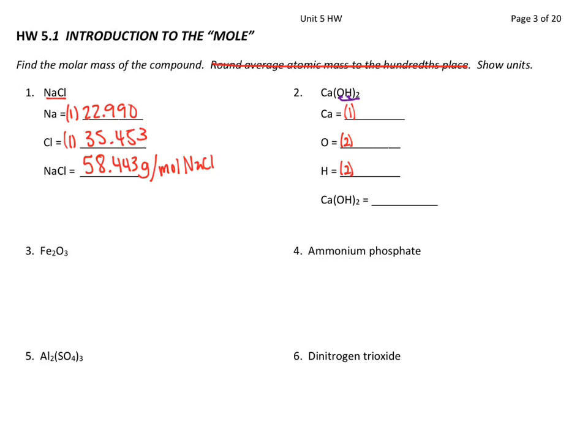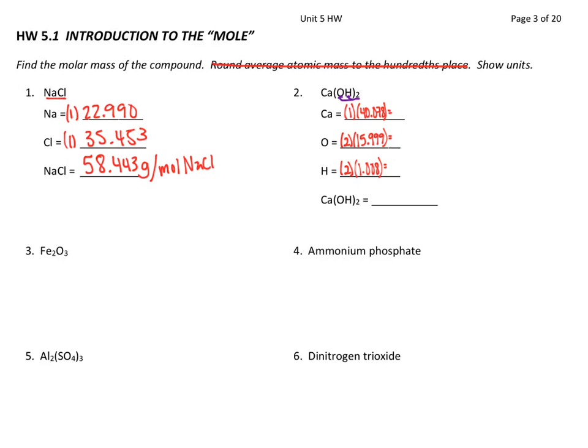Now my atomic mass for calcium, according to my periodic table of elements, is 40.078. My atomic mass for oxygen, you can memorize this number, whether you want to or not, is 15.999. And for hydrogen, this is probably one that you'll memorize as well, 1.008. Again, we're dealing with very simple math, but you should still use your calculator to avoid any errors.